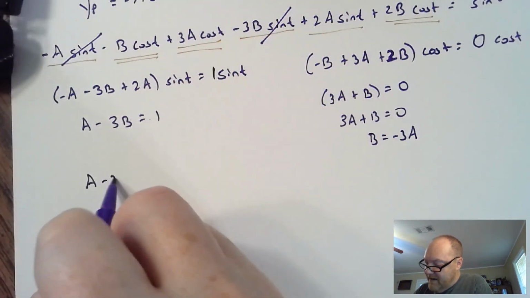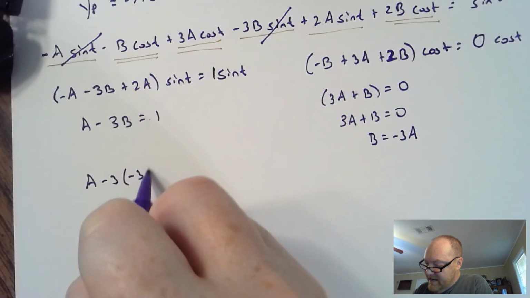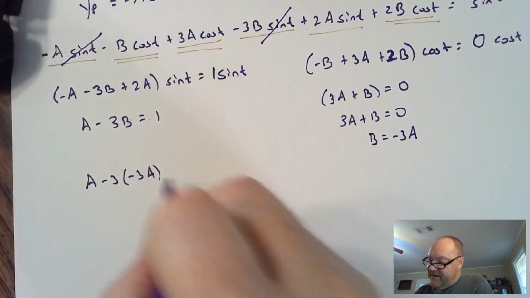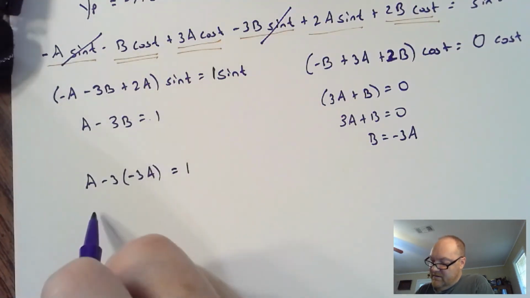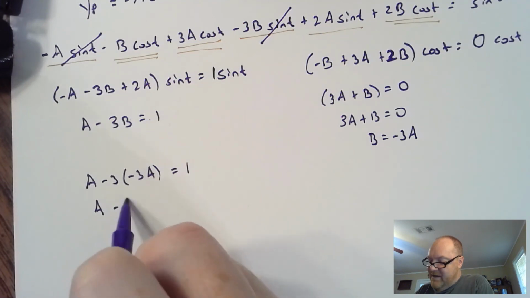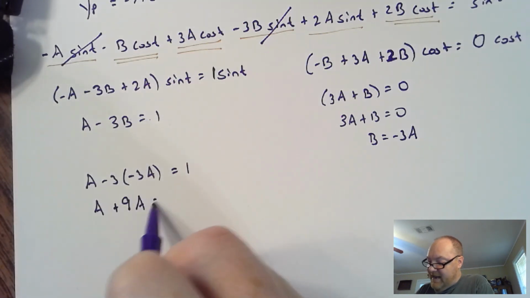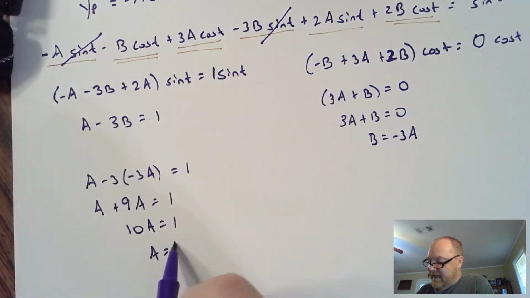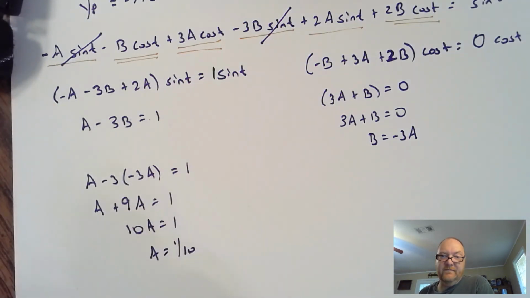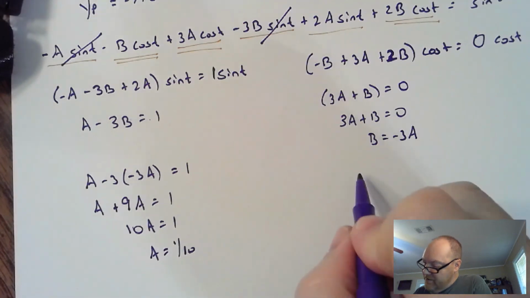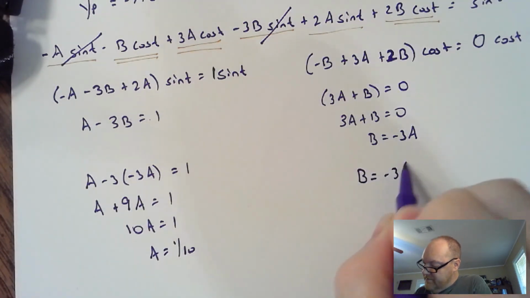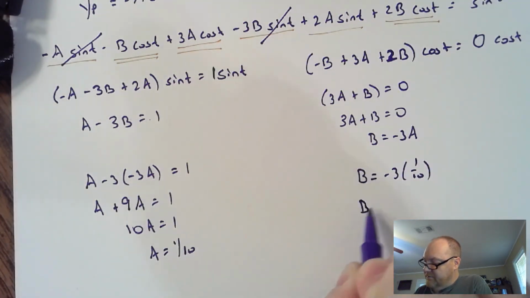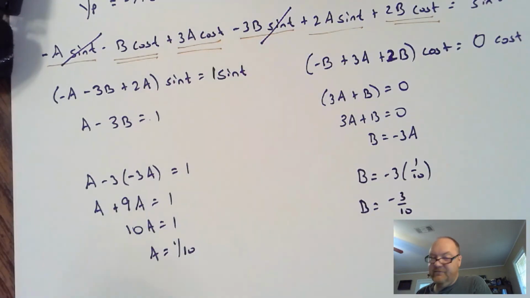So a minus 3 times b, and I claim that b is a negative 3a. So that's a plus 9a equal to 1. Looks like a is 1/10. So I'm going to plug that back in over here. So b is a negative 3/10.